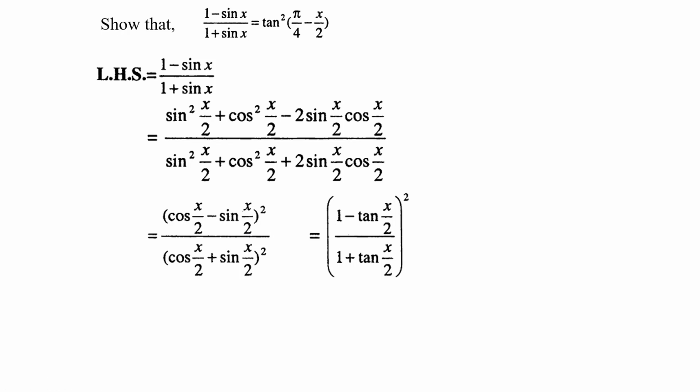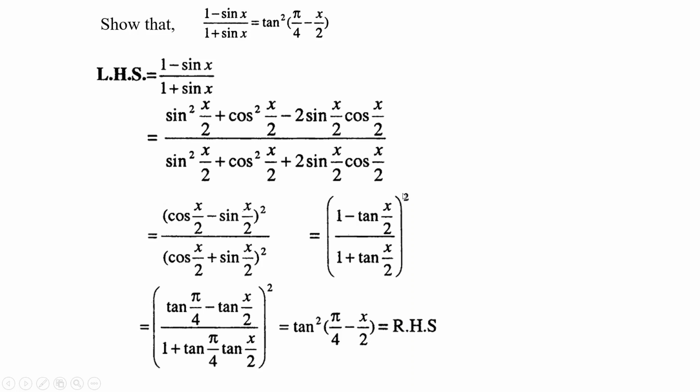Or you can easily say that divide this numerator and denominator by cos x by 2. Then we get (1 minus tan x by 2) by (1 plus tan x by 2), and the square will remain the same. And you know 1 means tan pi by 4, that is tan 45 degree. Value of tan 45 degree is 1.